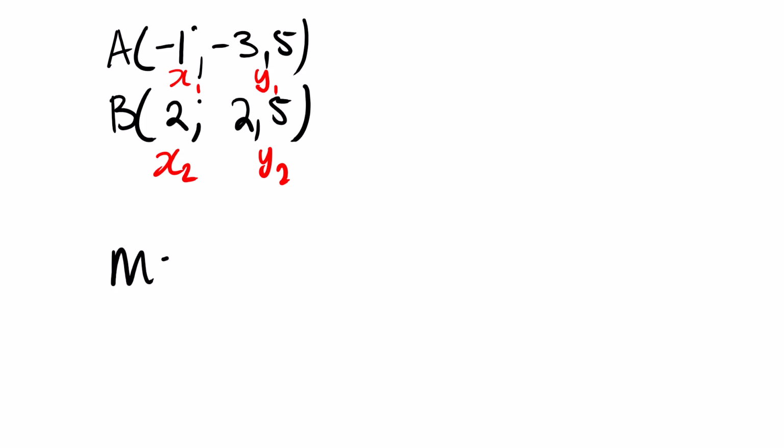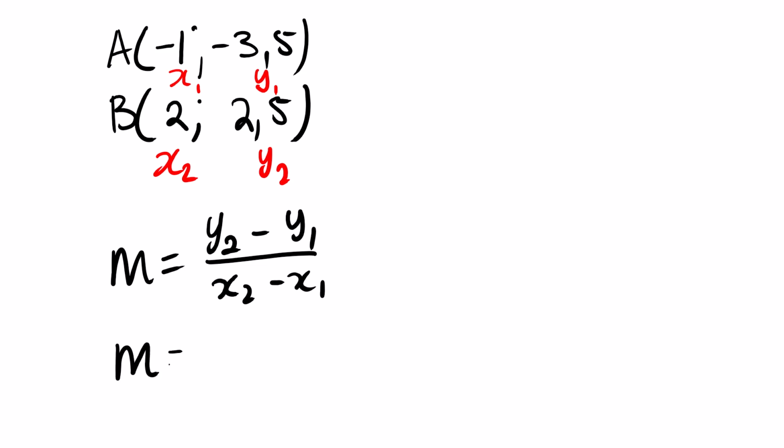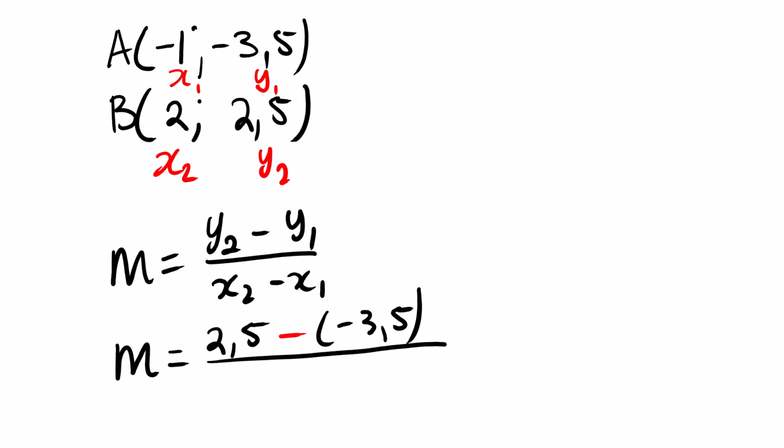Then the gradient is y2 minus y1 divided by x2 minus x1. y2 is 2.5 minus our y1 is -3.5 divided by our x2 is 2 minus our x1 is -1.